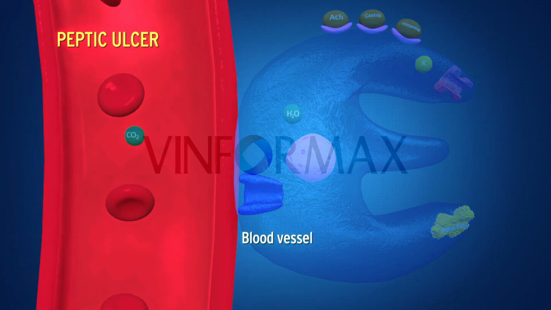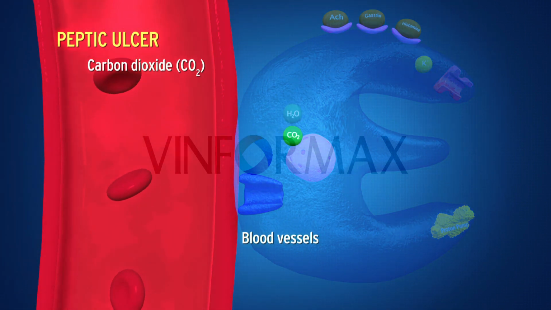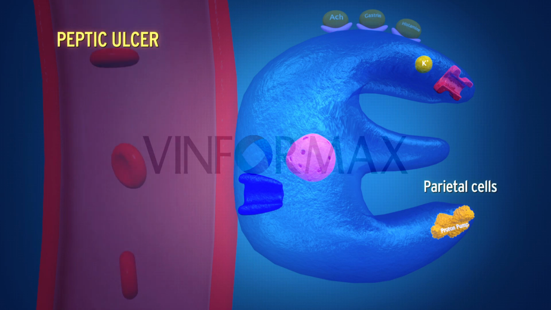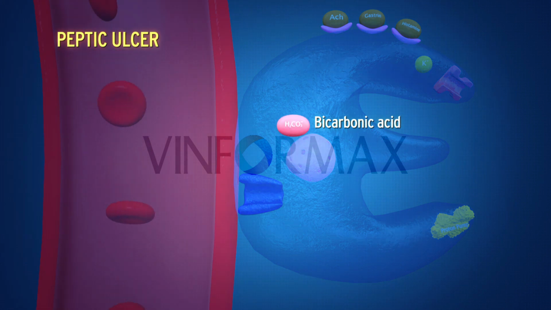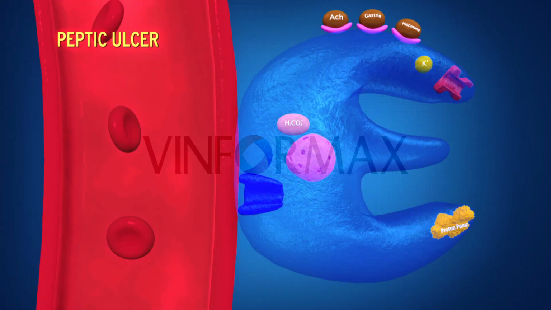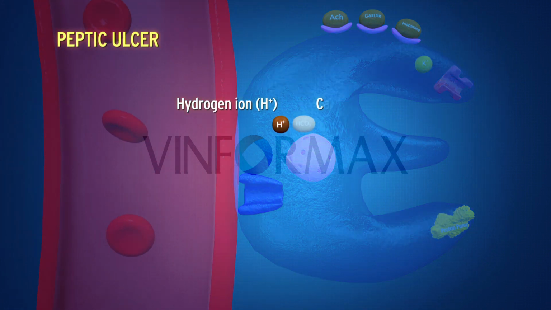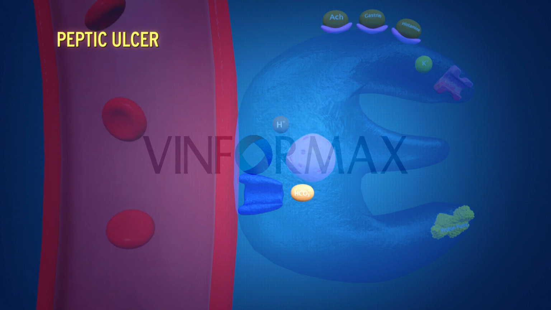From the blood vessels, carbon dioxide diffuses into the parietal cells and reacts with water under the influence of the catalyst carbonic anhydrase and forms carbonic acid. Later, carbonic acid gets dissociated into hydrogen ions and bicarbonate. This bicarbonate is exchanged for chloride ion.